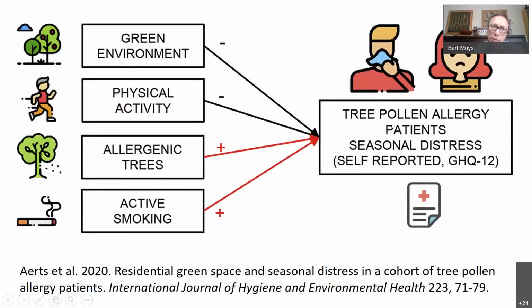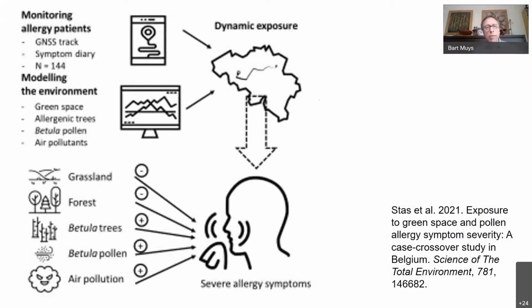From this large study all over Belgium, we learned that the amount of green environment around the place where people live and the amount of physical activity they have a negative effect on this distress, and the presence of allergenic trees and active smoking have a positive effect on their distress. So it shows that people living in a greener environment suffer less from this distress. And the second study is a more dynamic study.